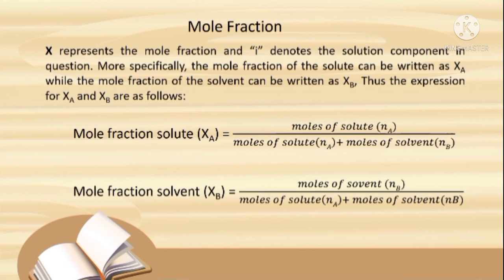While mole fraction solvent, that is X sub B, is equal to moles of solvent over moles of solute plus moles of solvent. The sum of the moles of solute and moles of solvent can also be called moles of solution.